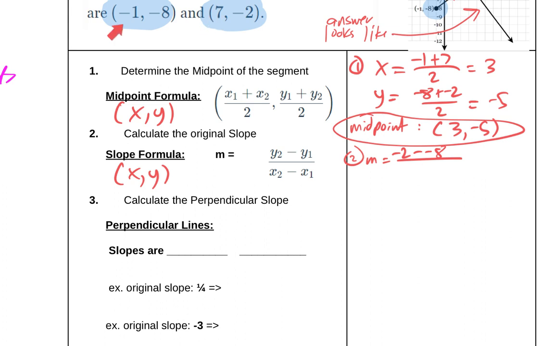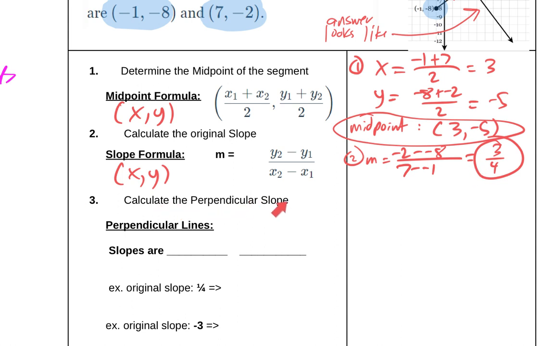So 7 minus negative 1. So don't forget about these double negatives right over here, right? So if we just type that into our Desmos, that's going to give us the answer of 3 over 4. Okay, so I'm just going to circle that as well, because that's our intermediary answer.